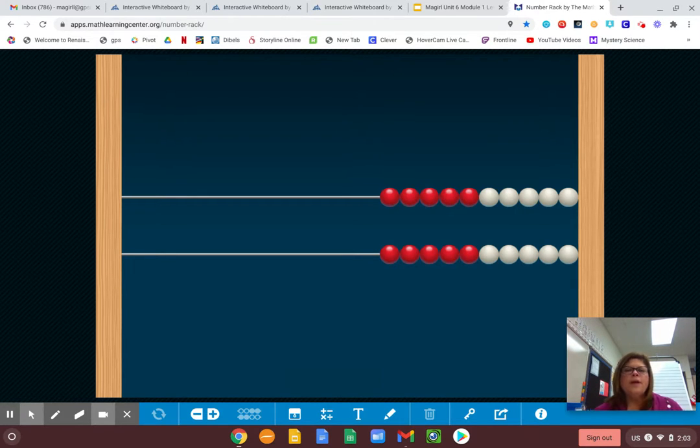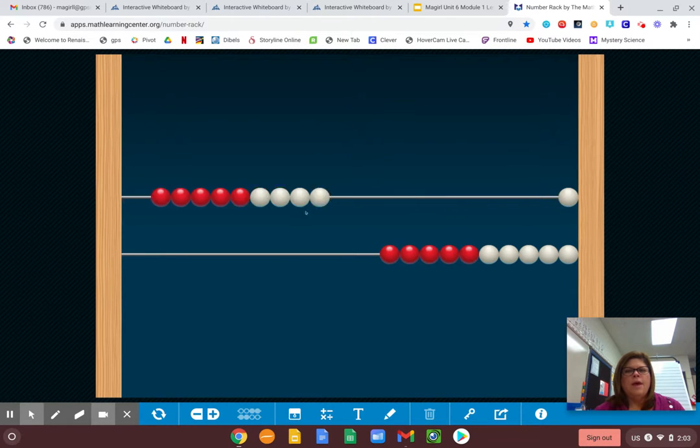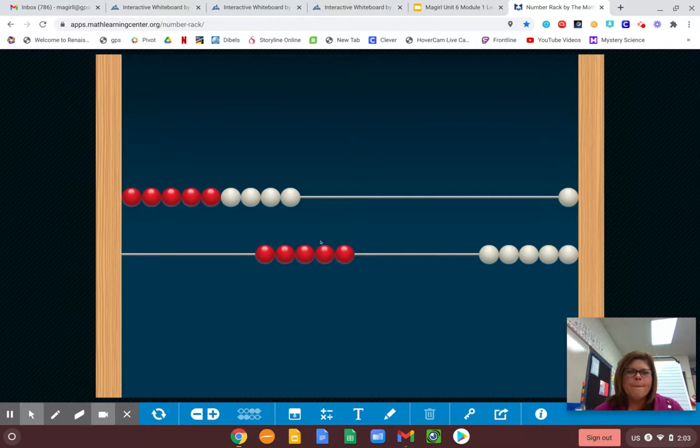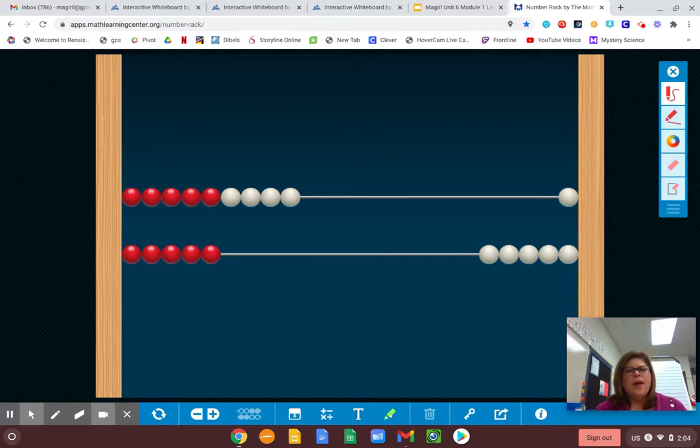And if you have a number rack, you would have moved, whoops, sorry, not that. 9 plus 5. Whoa, that one popped back. I want you over there. I need 5 on the bottom. Okay, so 9 plus 5.